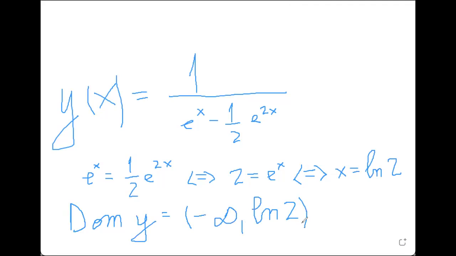Starting from the initial point, we go continuously backwards as far as possible, and we go continuously forward as far as we're allowed. But we cannot jump over points where the equation has a vertical asymptote, or in other words, where it blows up. So here, the maximal domain of existence of the solution is the open interval from minus infinity to natural log of 2.